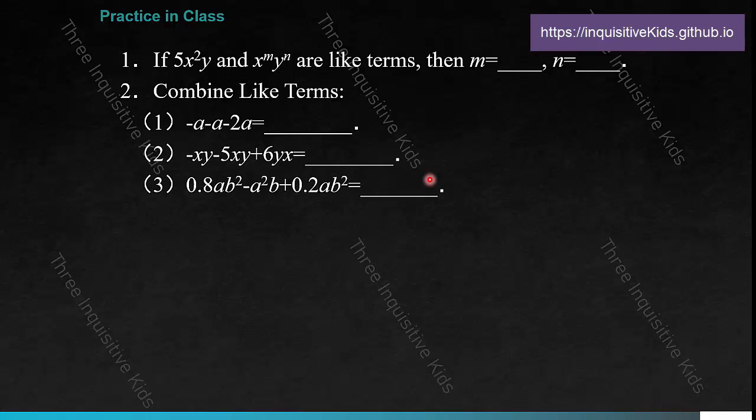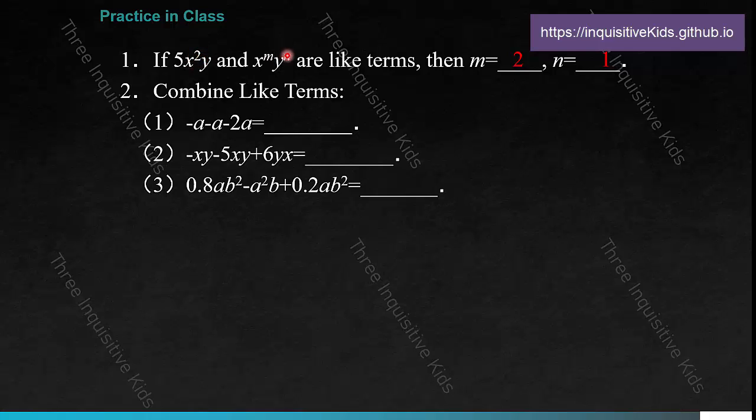Just like last time, we know that like terms, their variable parts have to be the same. Well, the variables are both x and y, so that is already clear. But we're still not exactly sure about their exponents. But since it has to be the same, m has to be equal to 2 because over here x is raised to the second power.